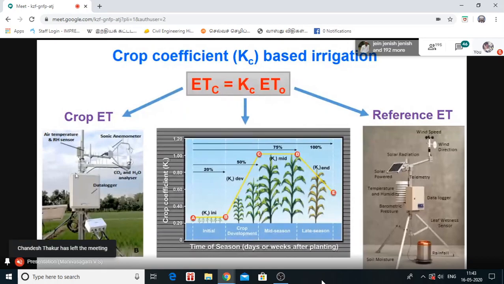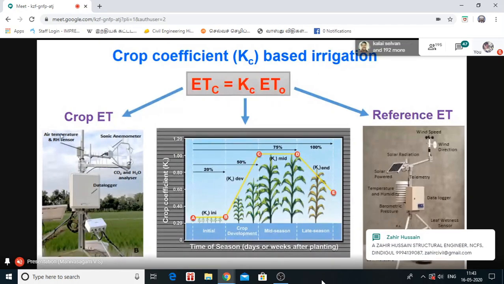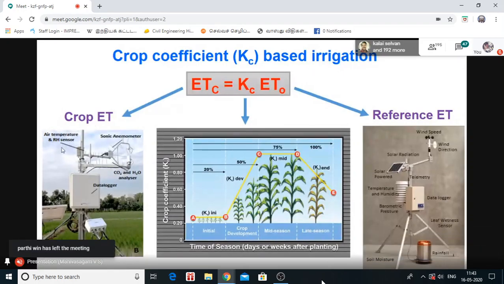Again, the crop ET can also be measured at the field using different methods. What we explain here is the eddy covariance system. The eddy covariance system measures the heat flux. It's a micrometeorological station.